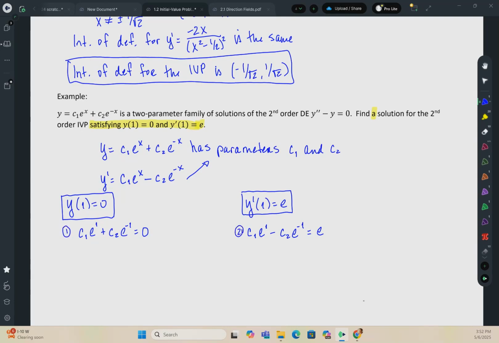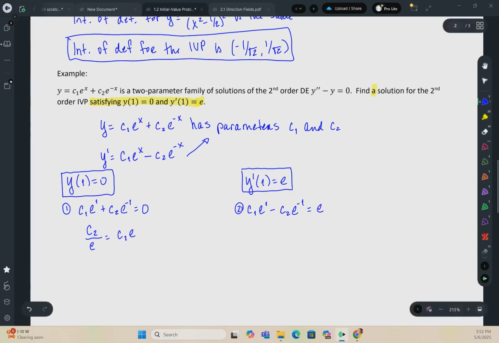If I solve for C2, then I'm going to move the C1 times e to the right-hand side. On the left-hand side, I'm going to rewrite it as C2 over e, since e to the minus 1 just means 1 over e. This is equal to C1 times e. Continuing to solve for C2, I get C2 is equal to C1 times e squared.